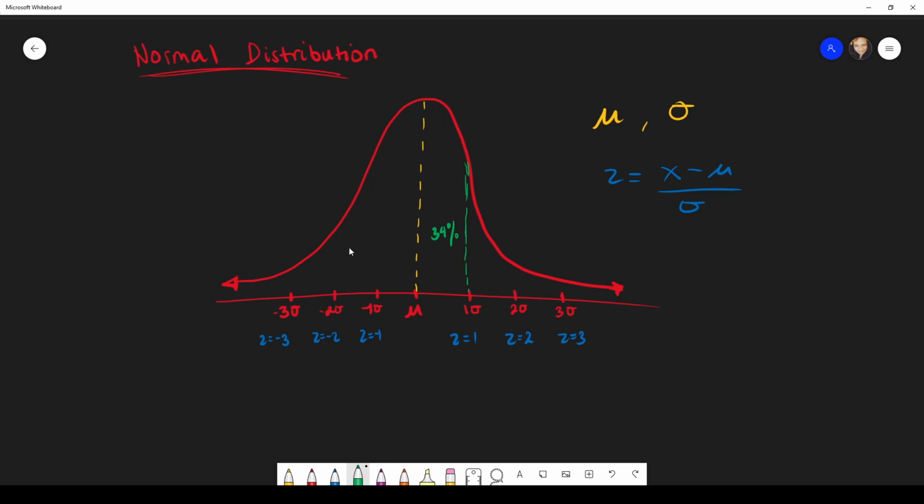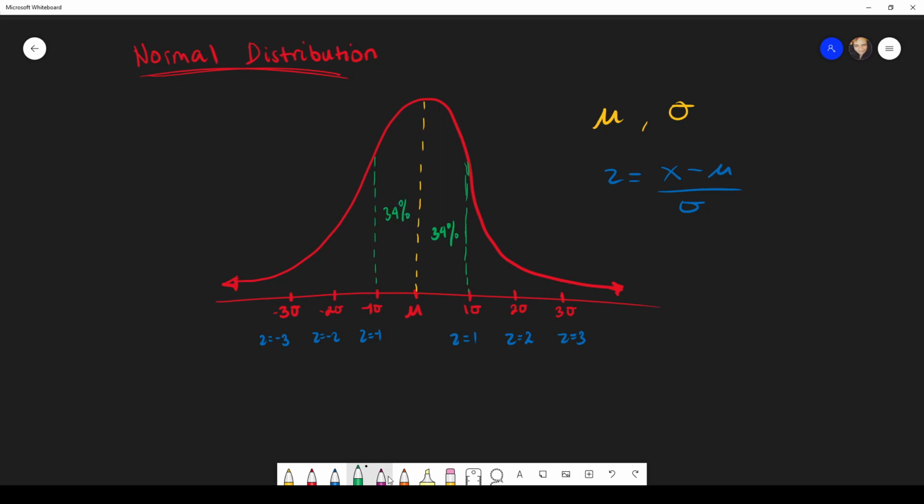Now again, remember that one of the properties of a normal distribution is that it is symmetrical. So if one standard deviation above the mean is 34% of the distribution, then one standard deviation below the mean is also 34% of the distribution.